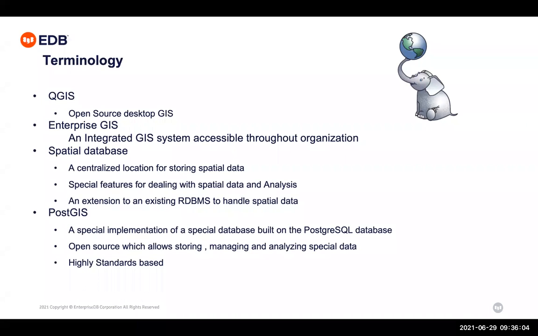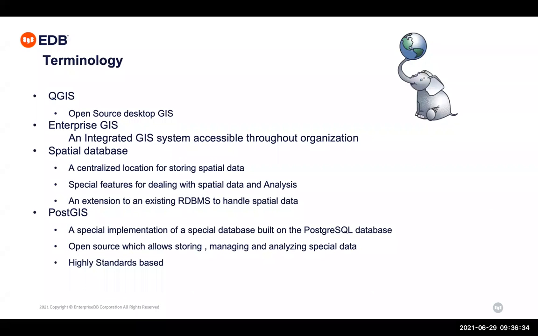Nowadays, operations on a spatial database are very complex, and most enterprise GIS or proprietary databases cost around $1 million. But PostGIS is open source, freely available, and it provides different types of operators and functions to work on spatial data.